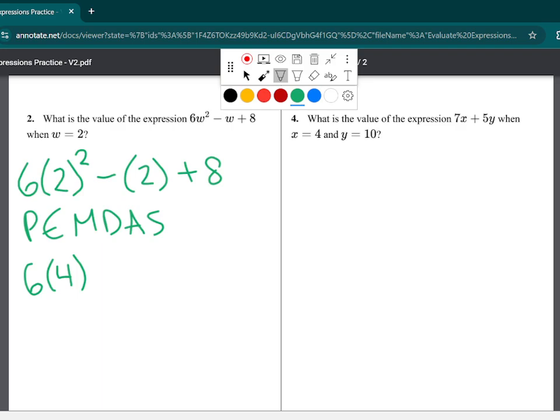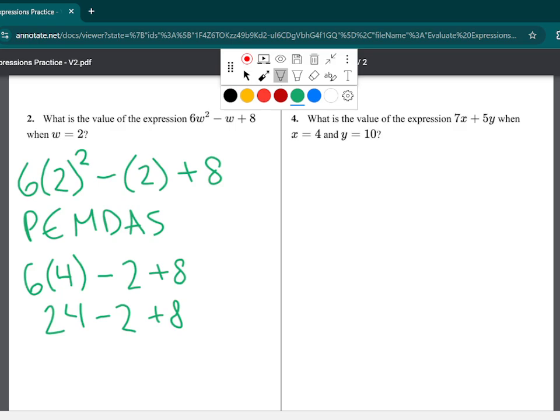So we'll have now 6 times 4, minus 2, because there's nothing being multiplied here, so we can just drop the parentheses, and then plus 8. Now we do a multiplication. 6 times 4 is 24, minus 2, plus 8.